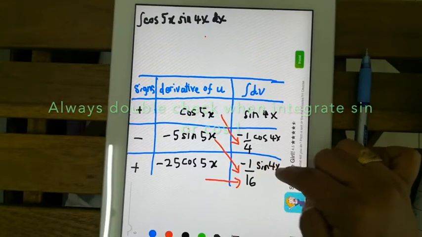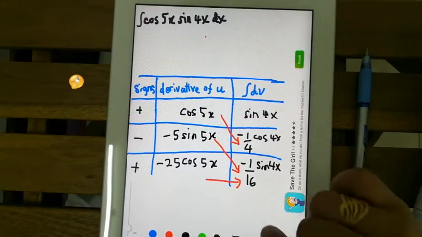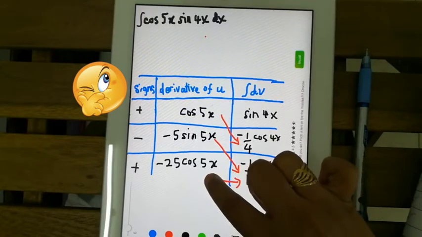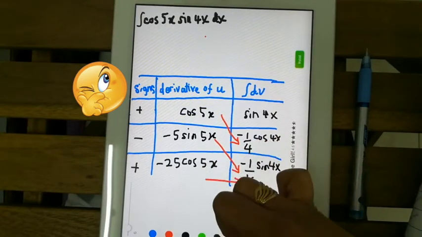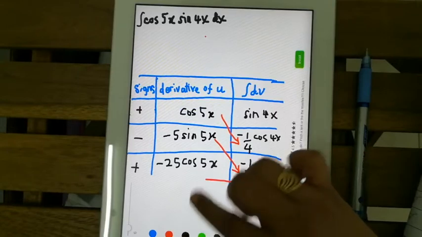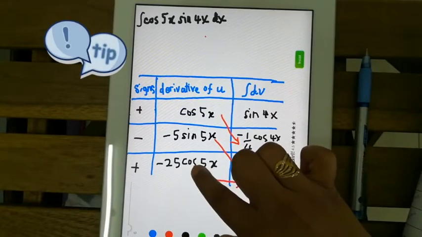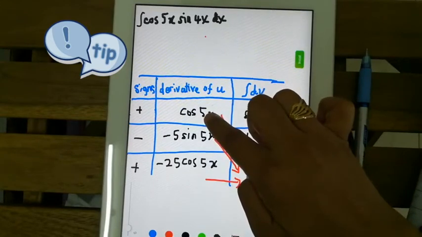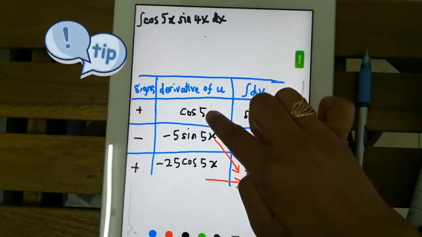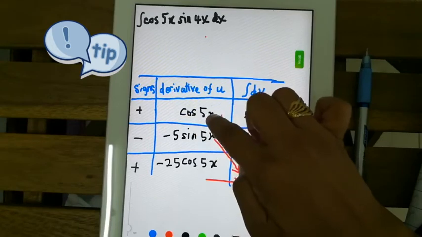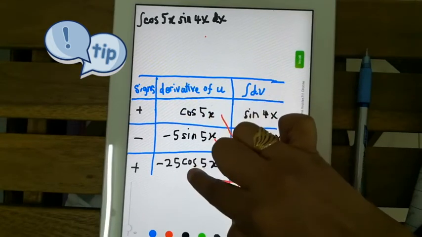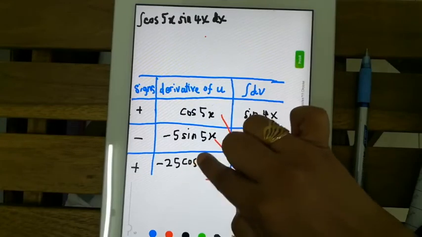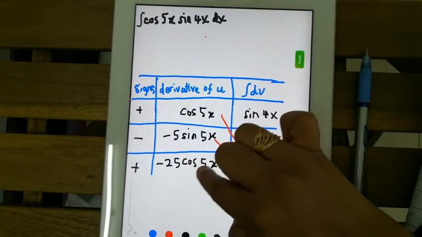Sine 4x. Okay, now, how did I know that I must stop here? No need to differentiate further. The reason is that we encounter the cos 5x as the original function here. So we start with cos 5x, so when you differentiate it, you will need to stop when you come across cos 5x.